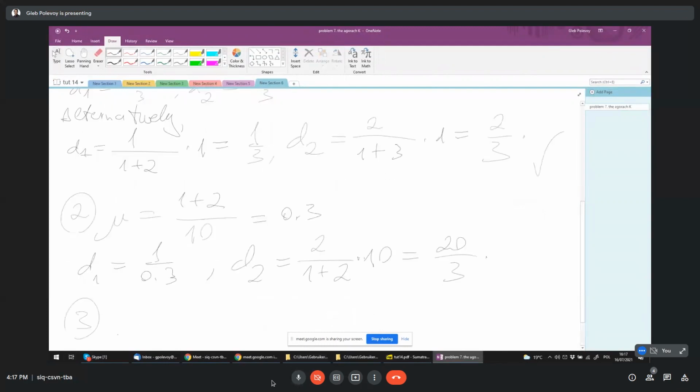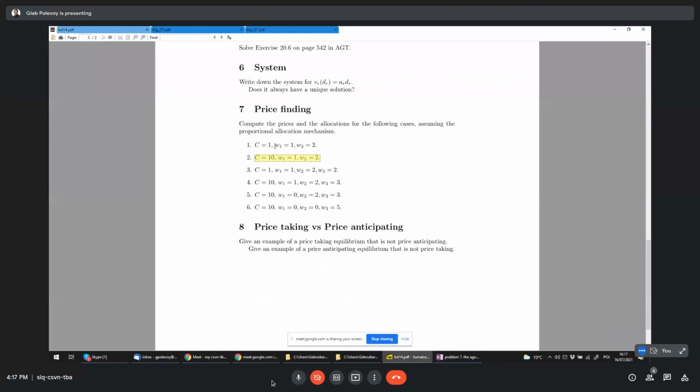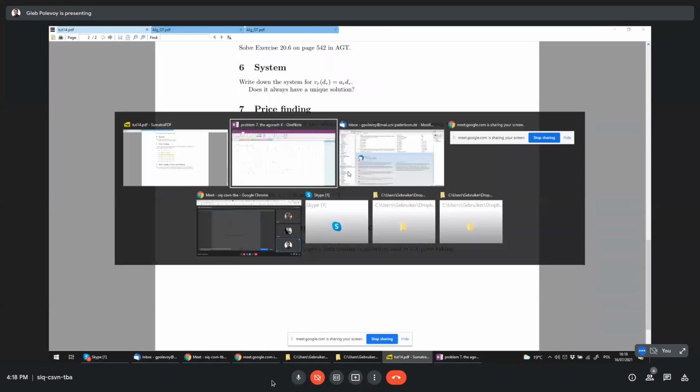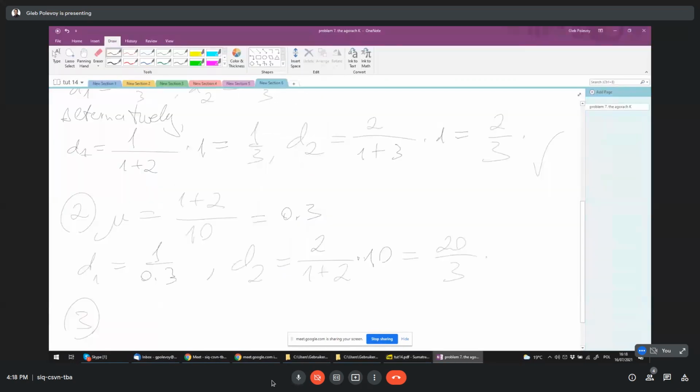3. Okay, let's solve this till 3, and then the rest maybe I'll do it as a homework. So C is 1, W1 is 1, W2 is 2, and W3 is 2. What's the price now?